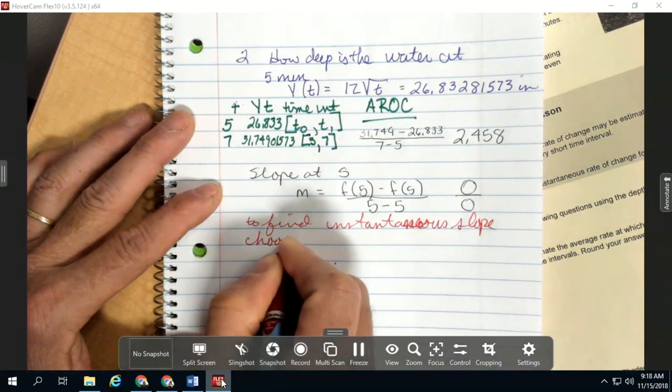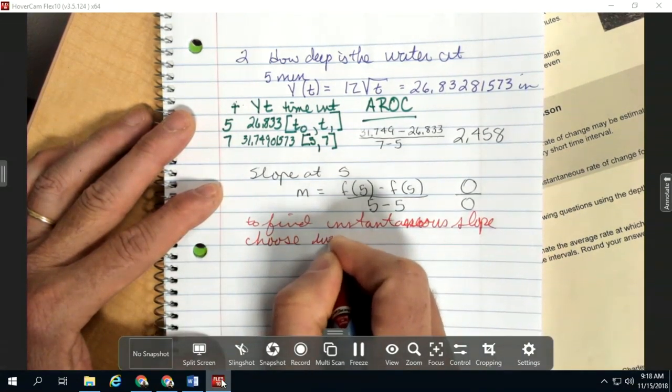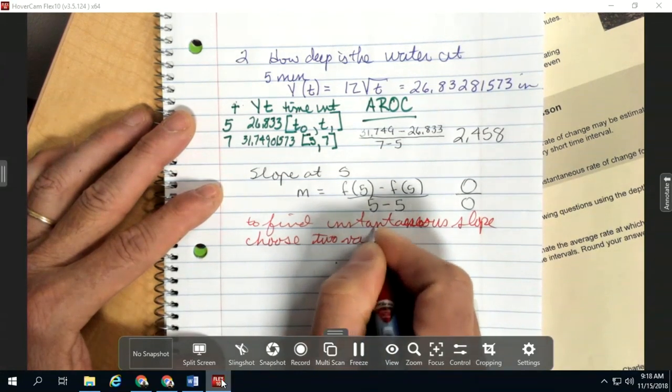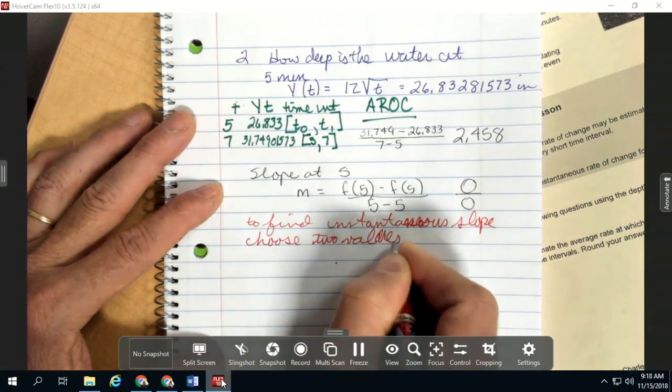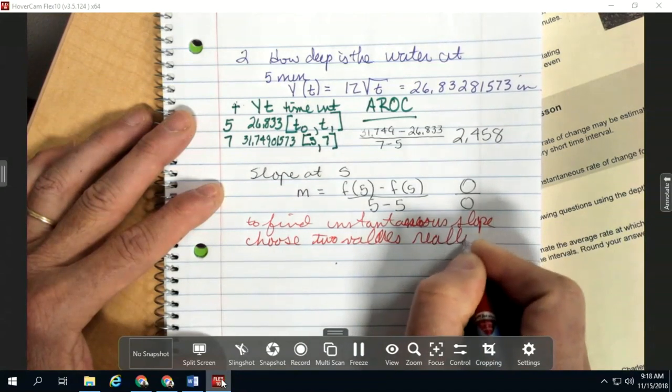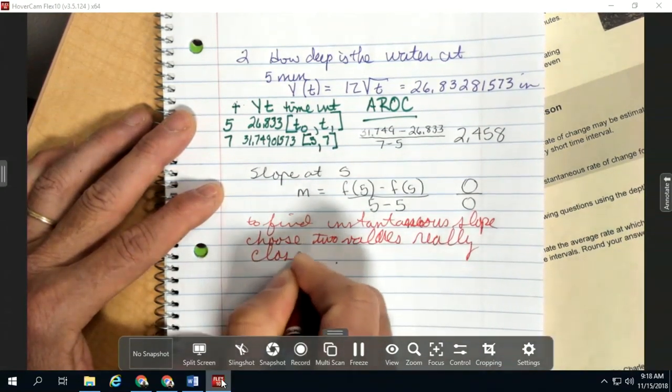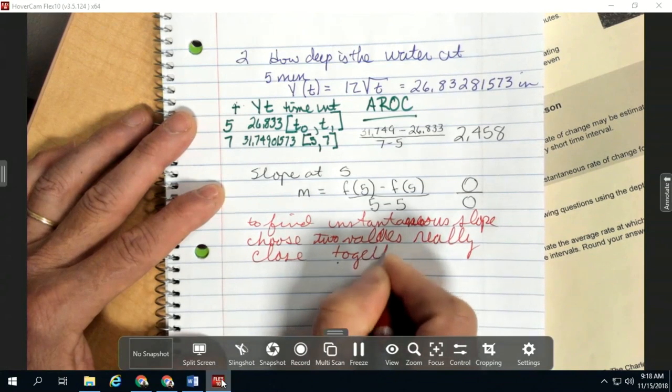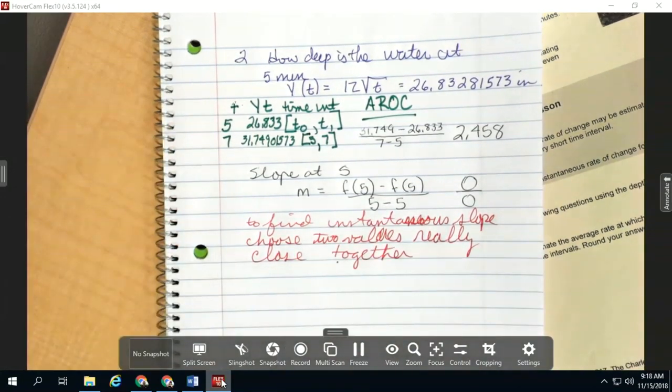Choose two values really close together. Okay? So the rest of you were kind of doing pointless math to find instantaneous slope because your points weren't really close together.